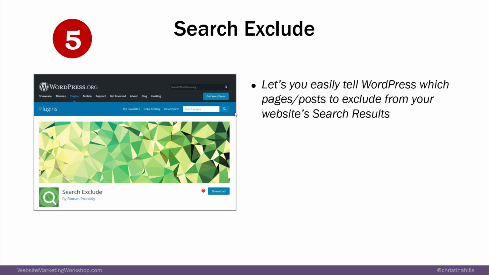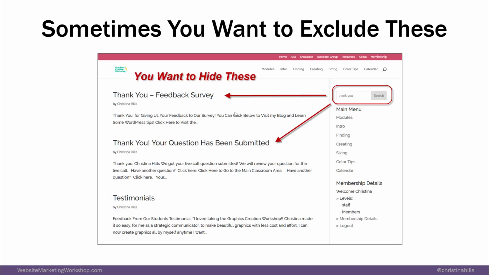So the plugin that I use for this is called Search Exclude. And I'm going to recap all these top 5 at the end. It lets you easily tell WordPress which pages or blog posts to exclude from your search results, so that when somebody types in the word thank you, they won't see these search results.